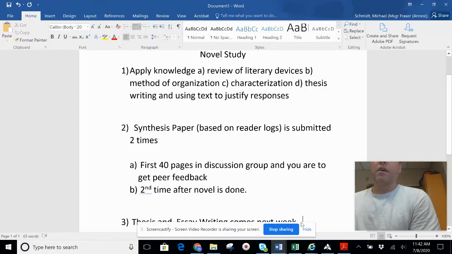Just quickly, if you look at Unit 1, before we even get to the novel, they've been reviewing a bunch of key concepts that come back over and over in English, including literary devices. You might never have heard of the method of organization, but really they're just giving you nomenclature for ways of organizing thought.